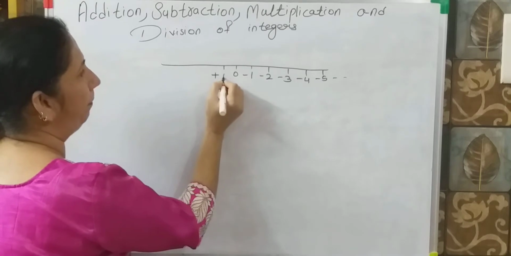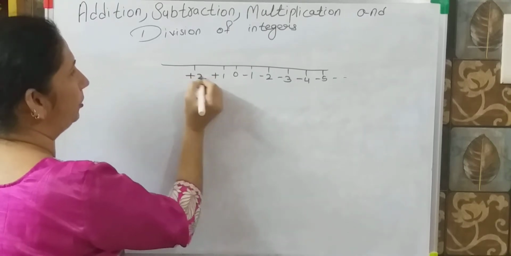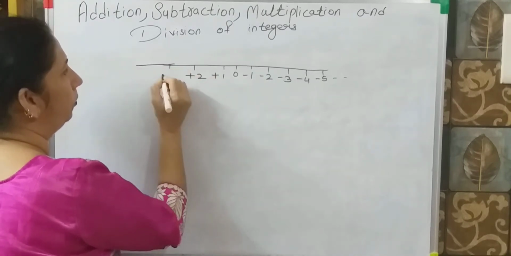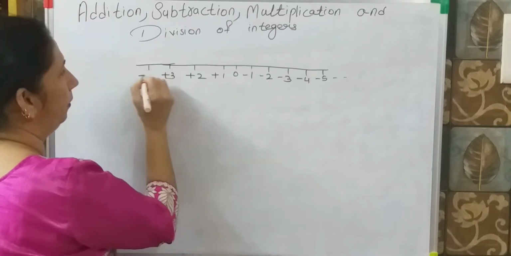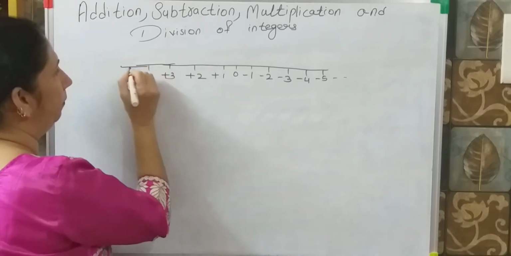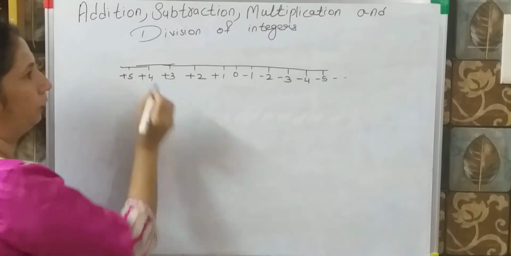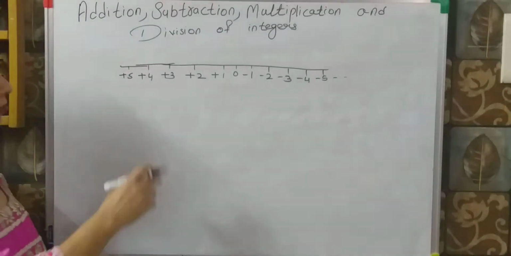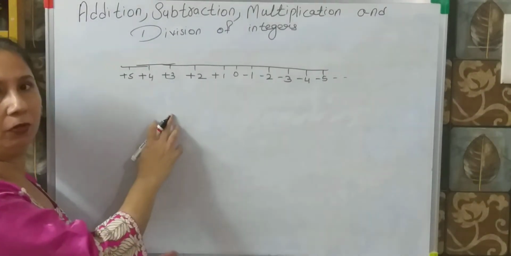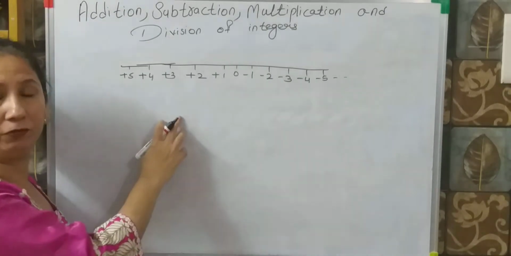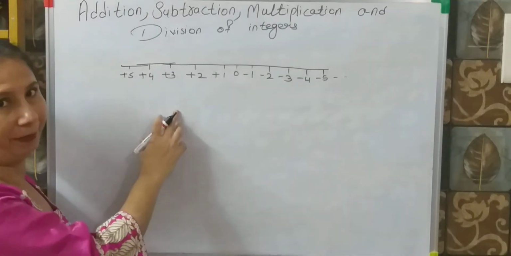On the left-hand side, +1, +2, +3, +4, +5. Now why did I start with the integer line? Because many children have confusion in sign and the comparison of numbers.